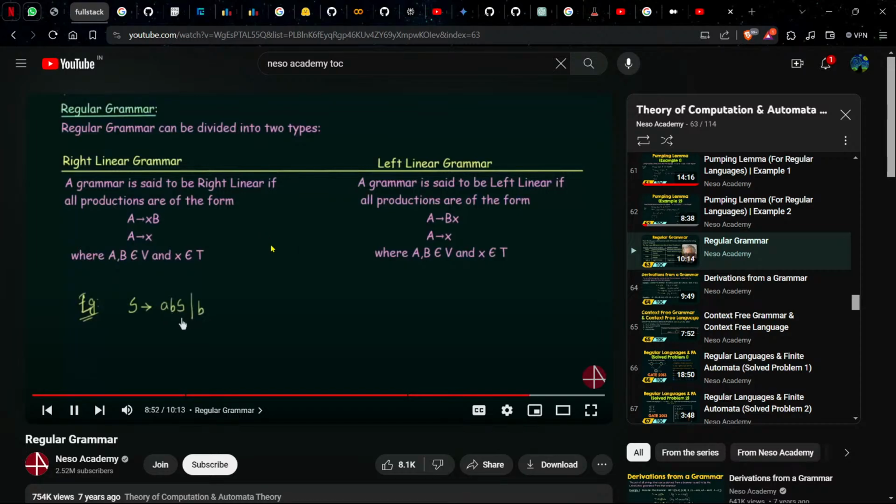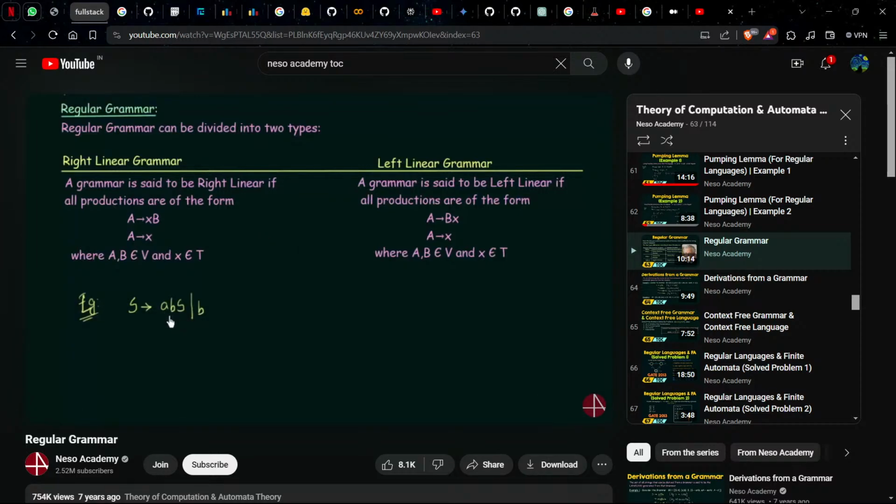So here a and b are the terminal symbols, and S is the non-terminal symbol. We see that S, the non-terminal symbol, lies to the right of a and b, which are the terminal symbols. So this is a right linear grammar.